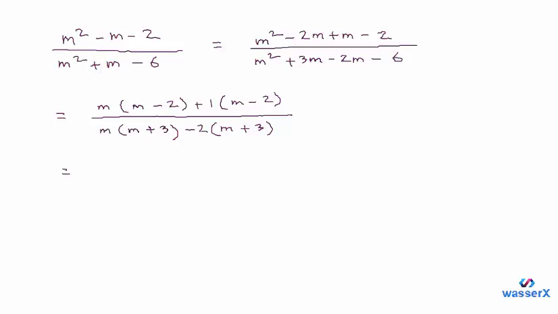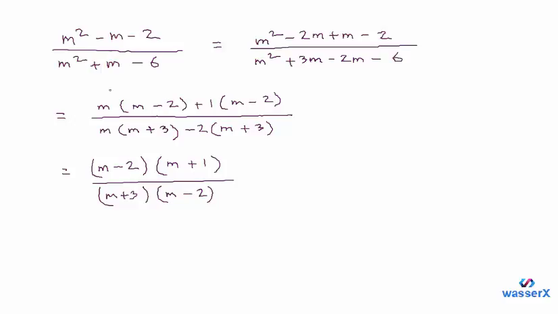This is equal to, on the top there are two terms, common factor between them is m minus 2. Let's take that out, m minus 2. What's the leftover? m from the first term plus 1 from the second term, over common factor between these two is m plus 3 times leftover is m minus 2.